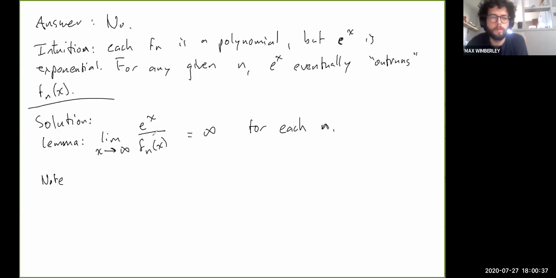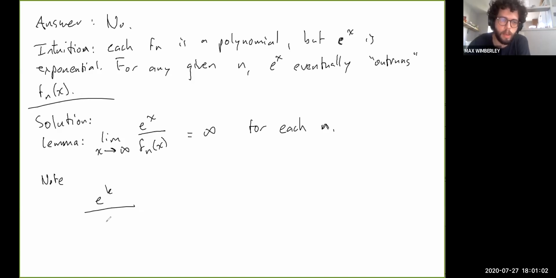To make it smaller, make the denominator bigger and the numerator smaller. So, let's say k here.